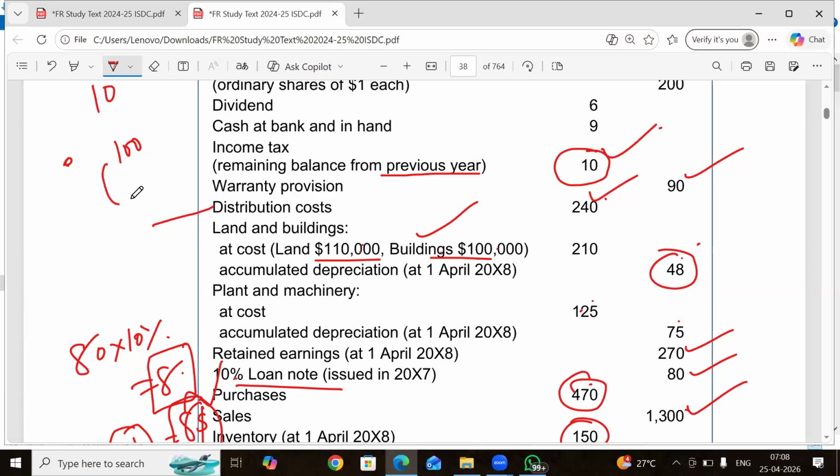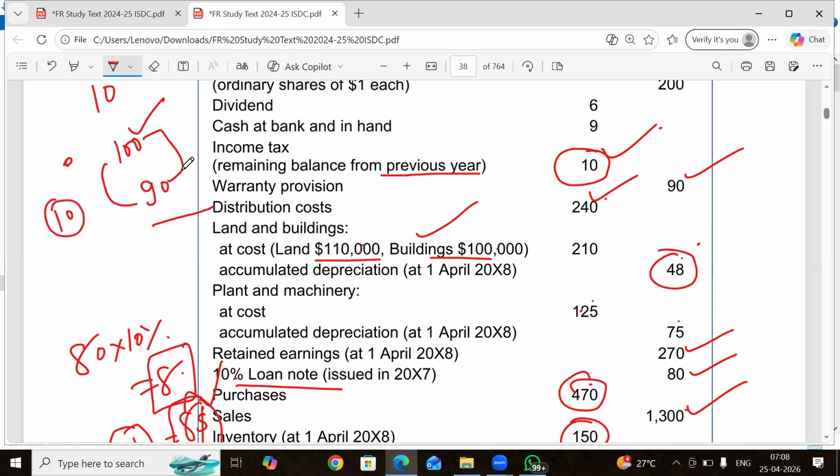Previous year's opening provision was 100, and the previous year's year-end income tax provision is estimated to be 90. That shows there is a reduction in provision of 10, which will reduce the expenses.